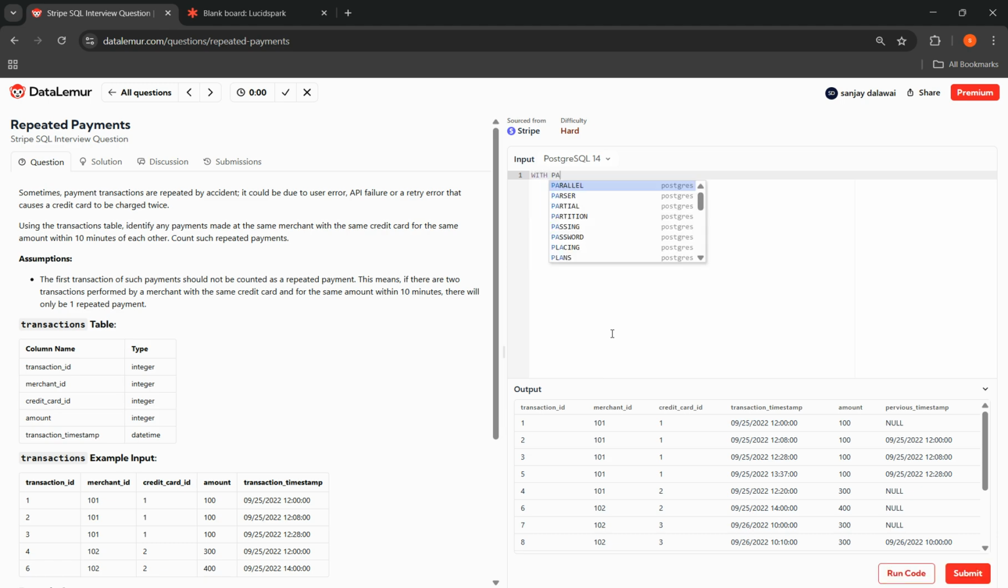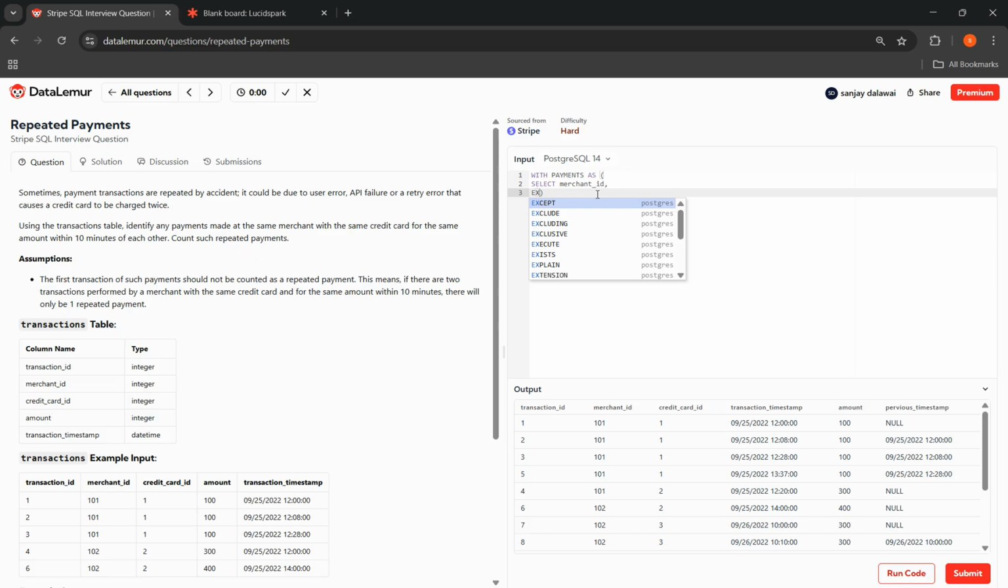I will be writing the common table expression, selecting the merchant ID, and I will be extracting epoch from this.